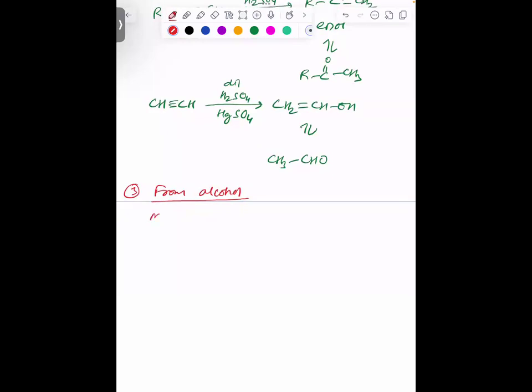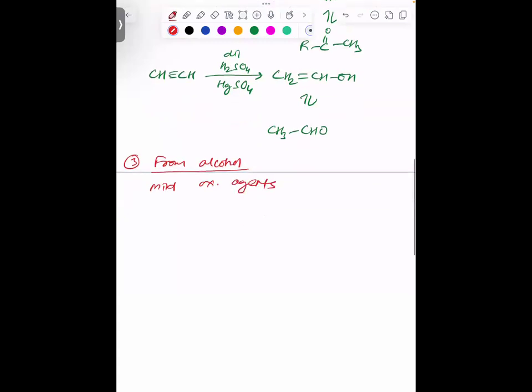By using mild oxidizing agents. Which mild oxidizing agents? PCC, CrO3 in pyridine, or PDC. PCC is pyridinium chlorochromate, PDC is pyridinium dichromate.